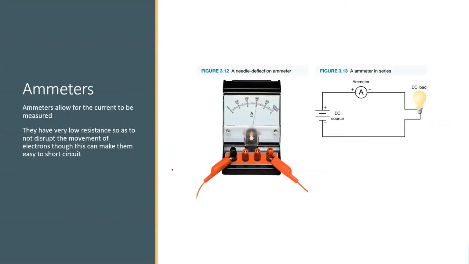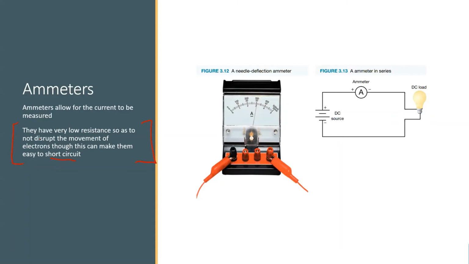Otherwise they can potentially create short circuits, and if this stuff down here doesn't make sense to you, that's okay. We haven't explained what a short circuit is. We haven't explained what resistance is either. The ultimate idea with ammeters is they're designed to measure the current without messing around with the circuit.